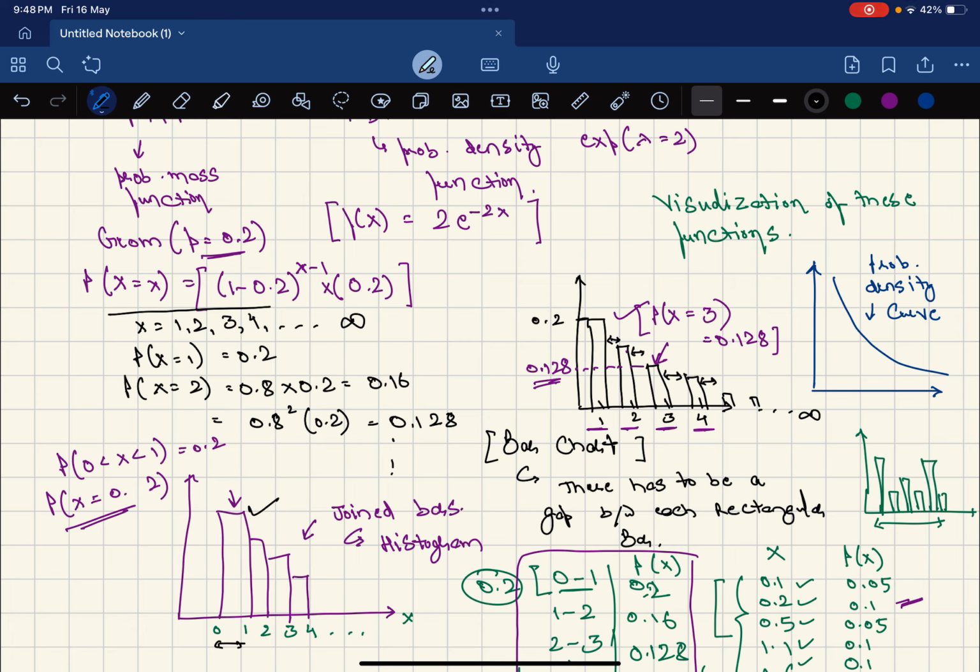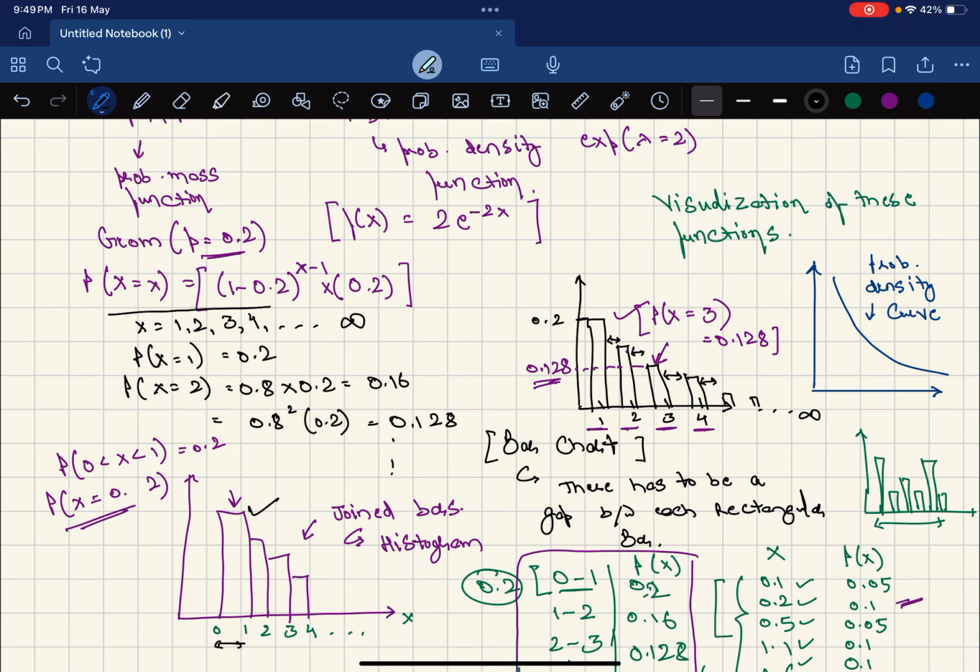And one has to ensure that when you see a bar chart, there should be a gap between the bars, because each bar represents a discrete value, not a range of values. And then we looked at the probability density curve, which is a continuous curve defining the function values for the continuous random variable for different values of x.